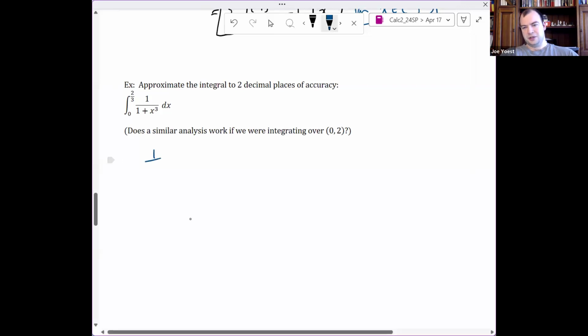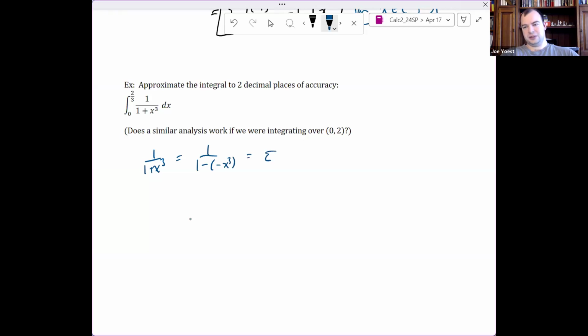So I note that 1 over 1 plus x cubed is 1 over 1 minus negative x cubed, or the sum n equals 0 to infinity of negative x cubed to the n.